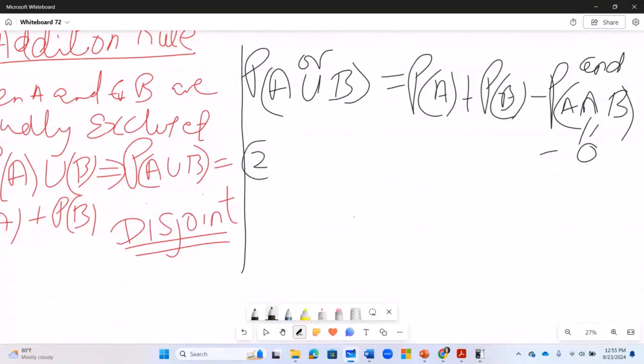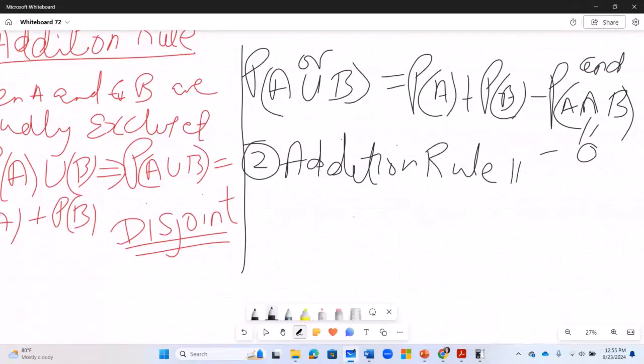addition rule number 2. When we finish addition rule, we go to a practice test and try to do some problems on addition rule. Addition rule number 2. There are 2 addition rules. Let's call it joint events.